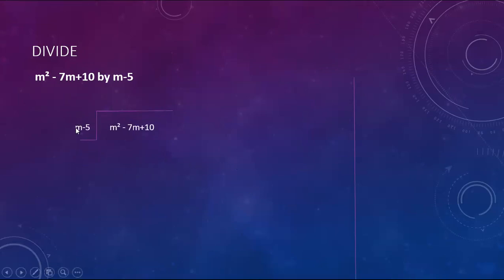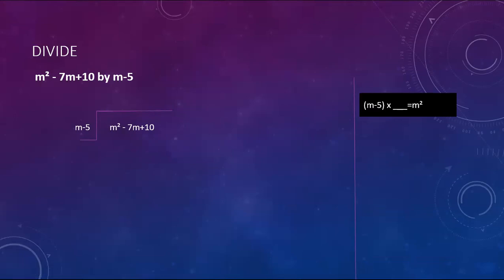Now, m is multiplied with what to get m square? Here, m minus 5 is there in the divisor. We have to multiply the divisor with such a term to get m square. Why do we want this m square? Because here in the dividend, m square is there.